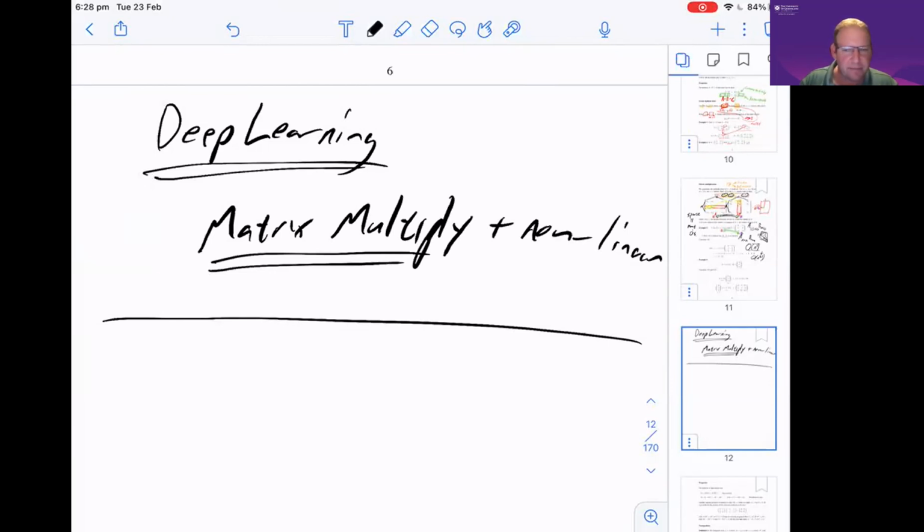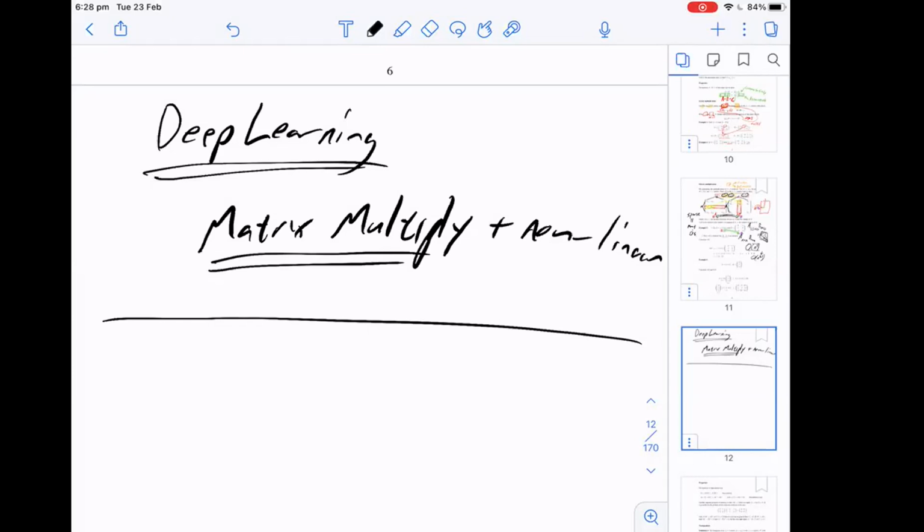Yicheng, you've raised your hand. You have a question? Yes. I'm also wondering, as for matrix multiplication, during the exams or for the assignments, are we able to use a calculator or Mathematica as a tool to help us do the calculations? Not a problem.